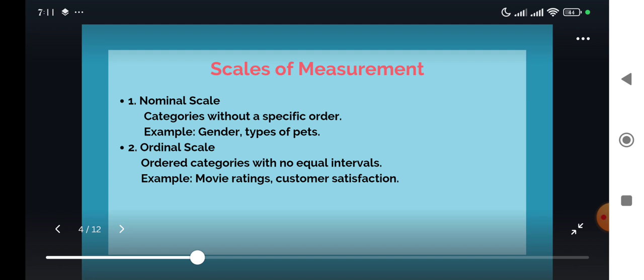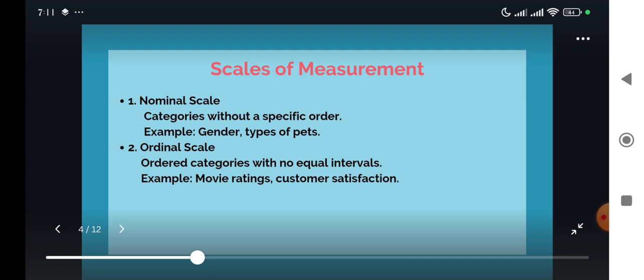Let's move on to the next one, interval scale. Here the data has equal intervals between values, but there is no true zero. Example, temperature in Fahrenheit or Celsius. A temperature of 0 degrees Celsius doesn't mean no temperature. It is just a reference point.